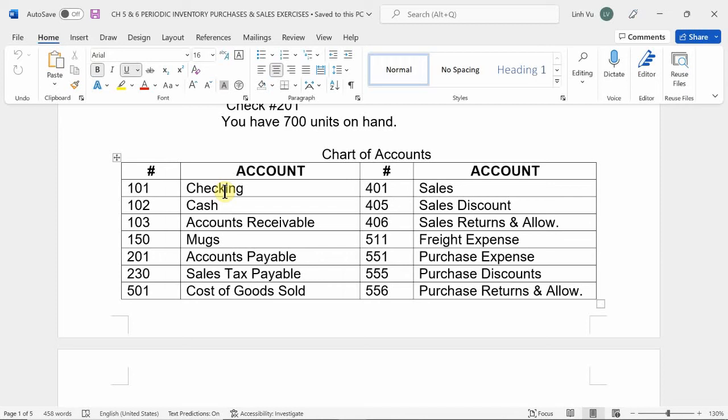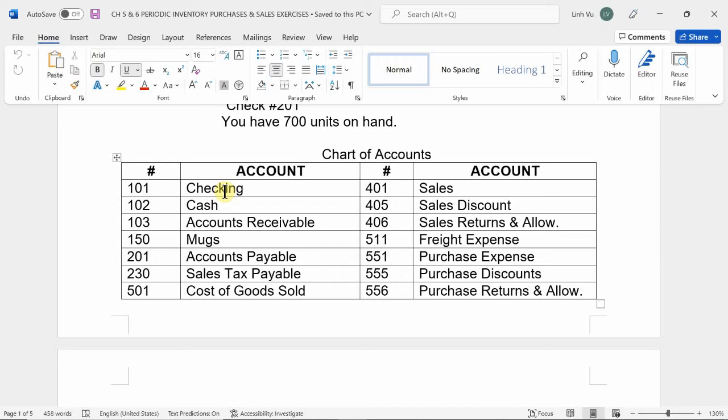Okay, so in this case, I purchased 500 units at $2.65 each, okay, with a freight of 100 for periodic inventory. So what am I going to use? Your purchase expense, freight expense, and sales tax payable.